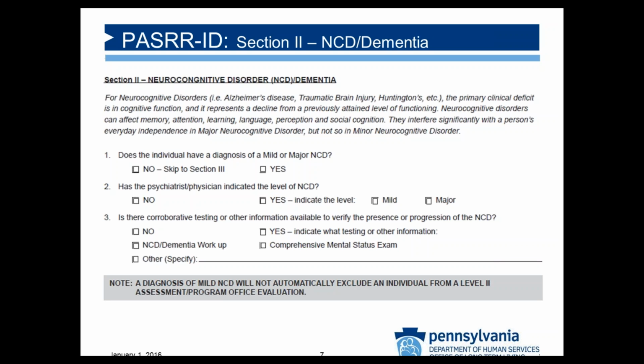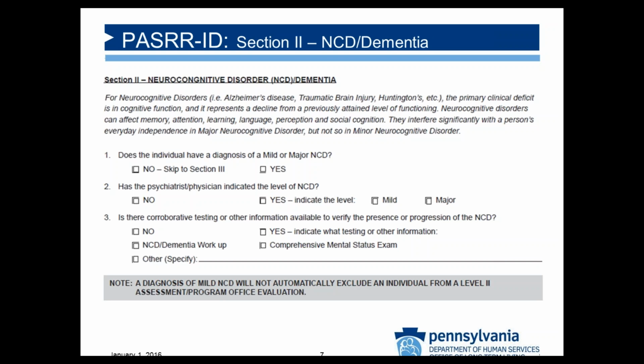So a major neurocognitive disorder, and it may be Alzheimer's, it may be a traumatic brain injury, it may be Huntington's disease, those kind of things. If you have a major neurocognitive disorder, those are the things that are not going to need a level 2 assessment done. Okay?